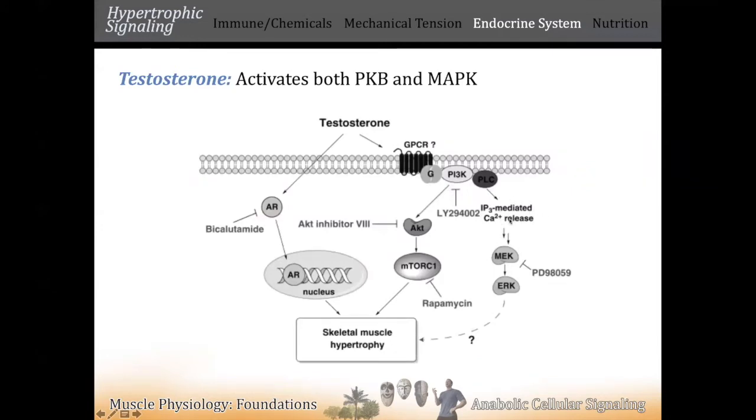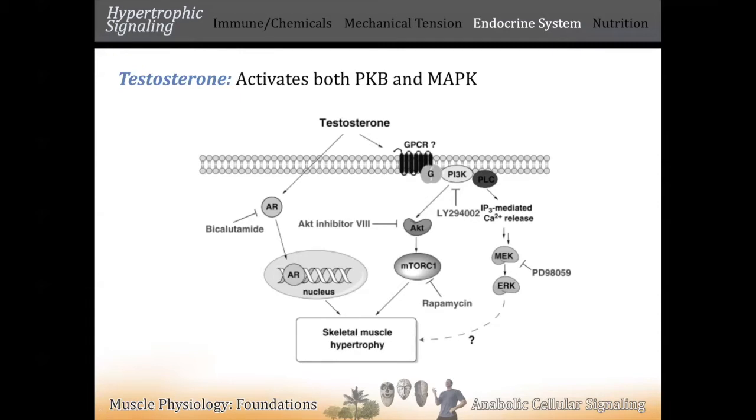Right, we're going to see that intracellular calcium release from the sarcoplasmic reticula and the MAPK signaling, but also we're getting that insulin-like growth factor, PI3K, PKB, mTOR signaling, and then the classic testosterone stuff, androgen receptors, these cytosolic receptors, and nucleic effects. So testosterone is multifaceted.